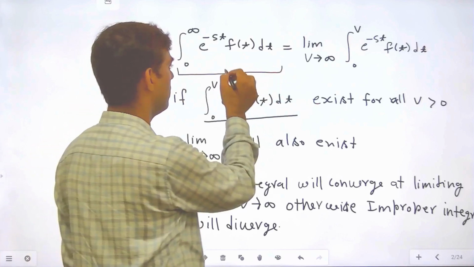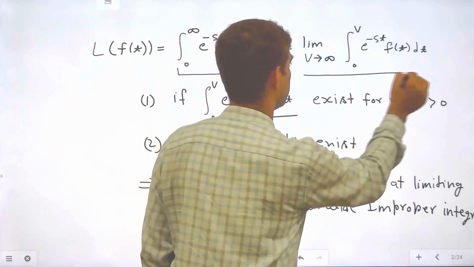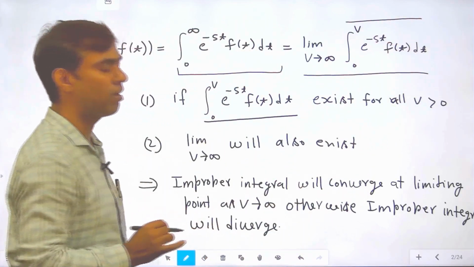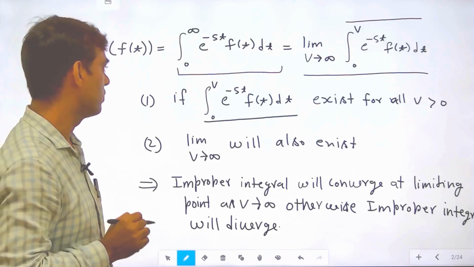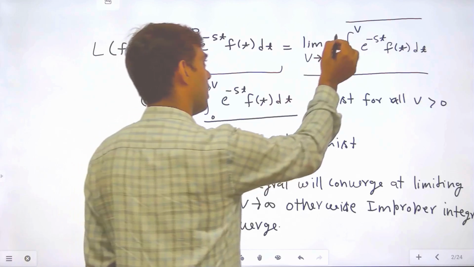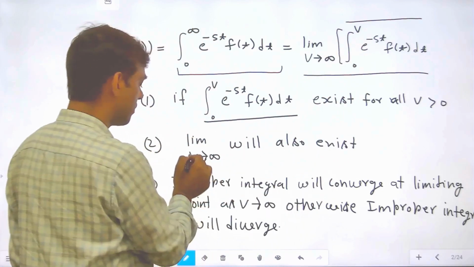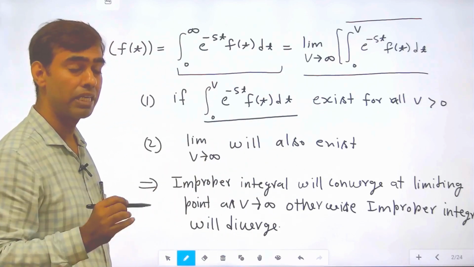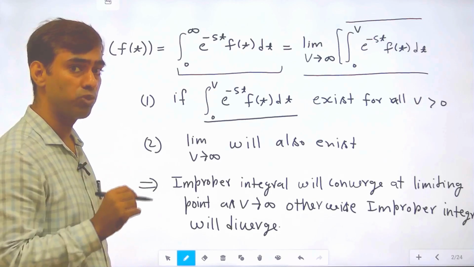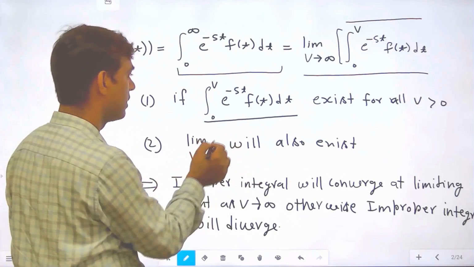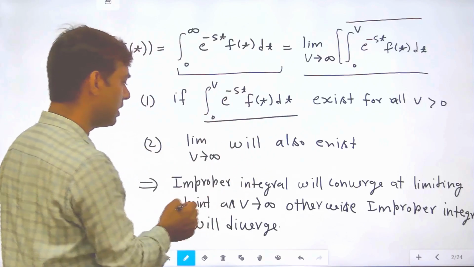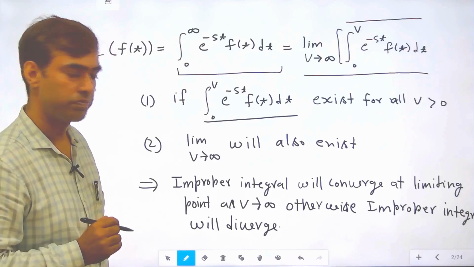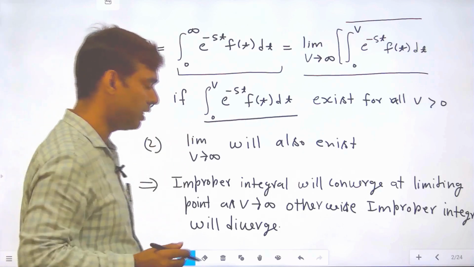If we write the improper integral in this form, and the integral exists for all v greater than 0 and the limiting value as v tends to infinity also exists, then the improper integral will converge, and the limiting value of this integral is the convergence point. Otherwise, this improper integral will diverge.